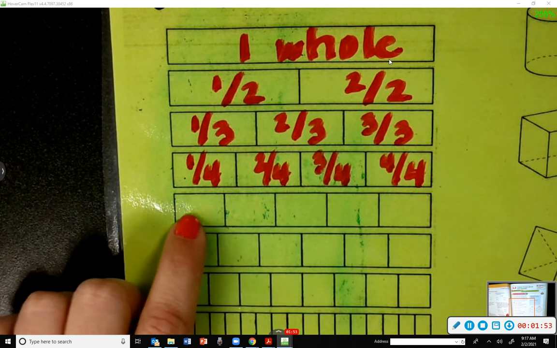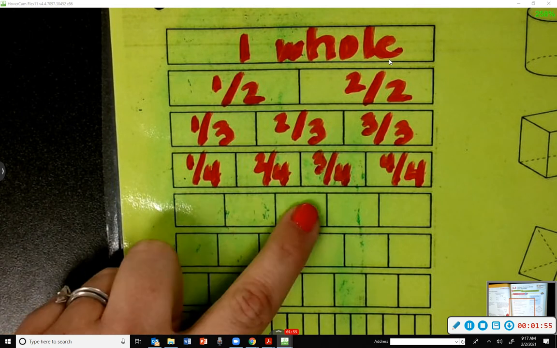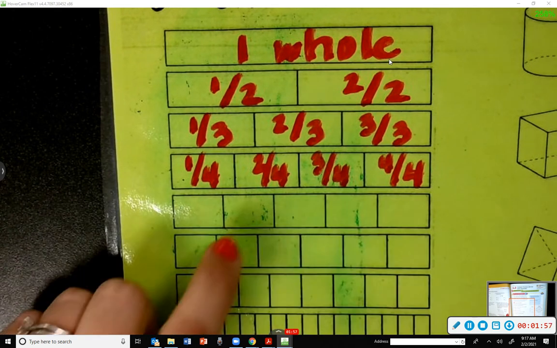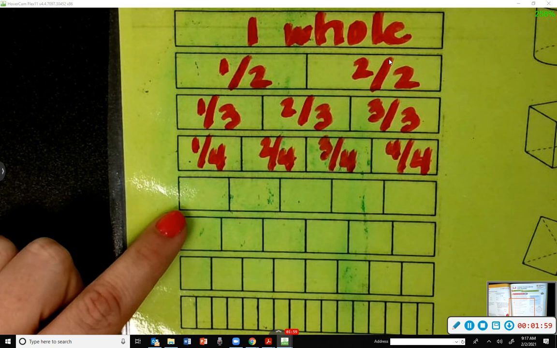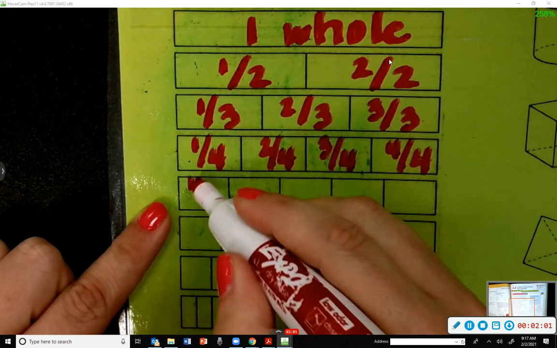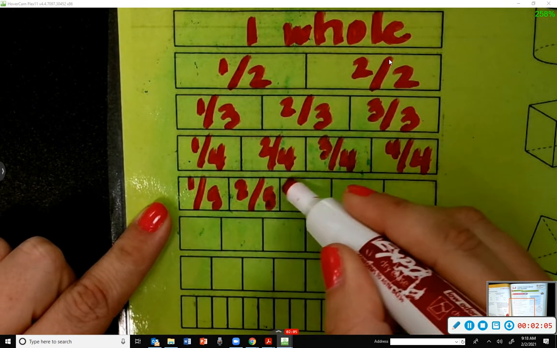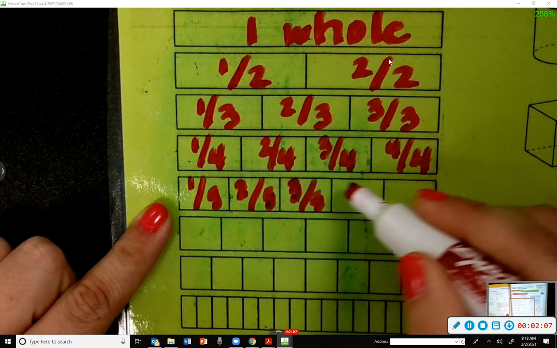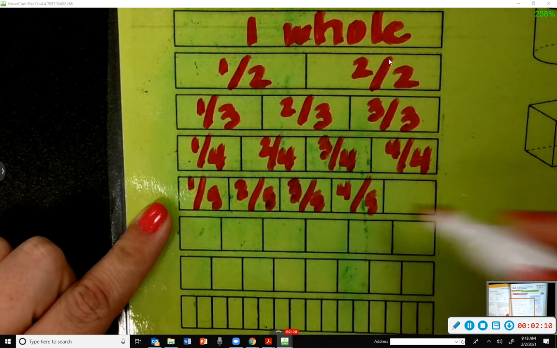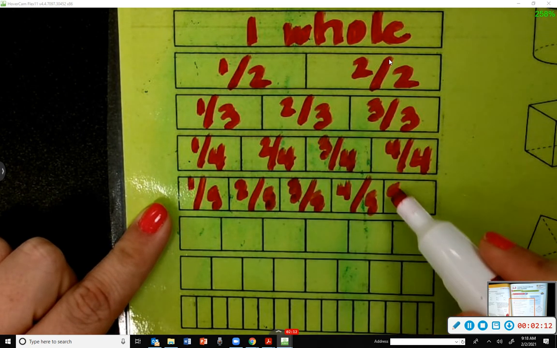Okay, the next row, I see 1, 2, 3, 4, 5 pieces. So now the denominator becomes 5. So we say 1/5, 2/5, 3/5, 4/5, 5/5.